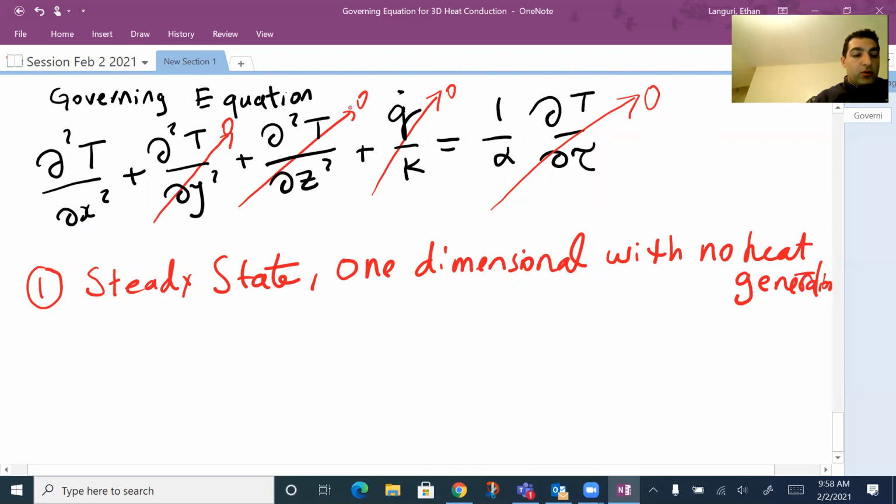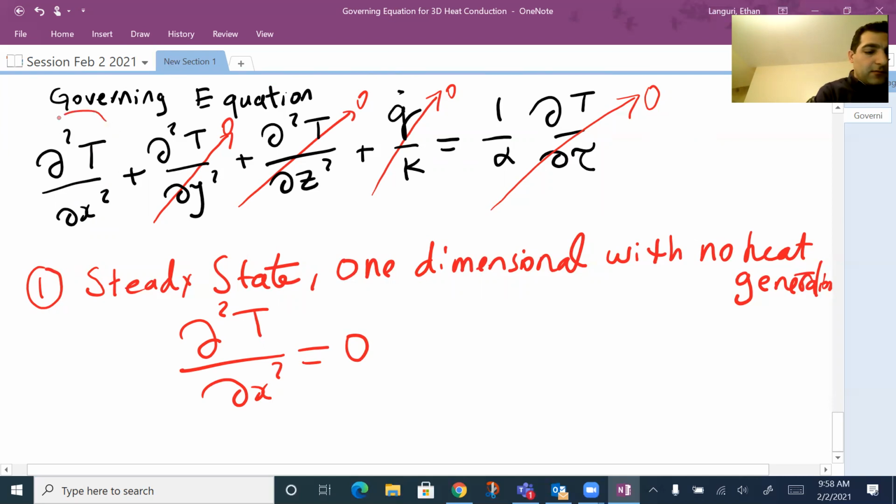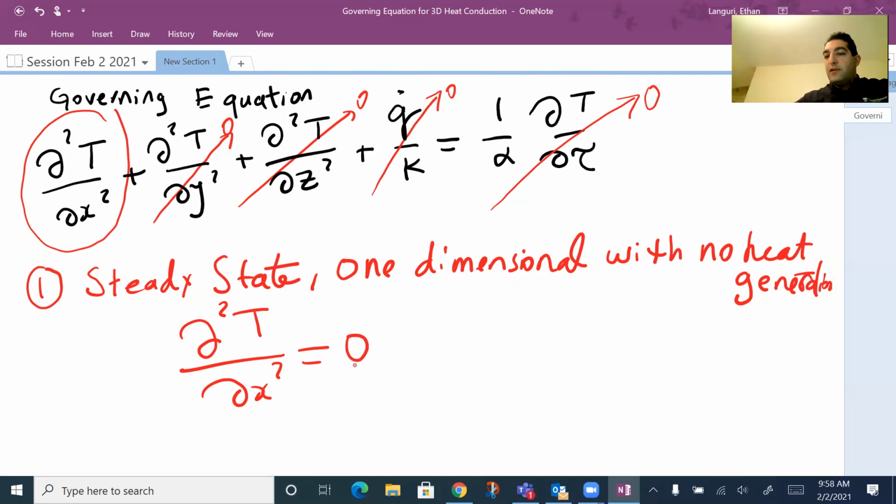So your final equation in this case would be the second derivative of temperature with respect to x equal to 0. You just keep this term, everything else is 0. This is your equation, and to solve this particular problem, you need to solve this.